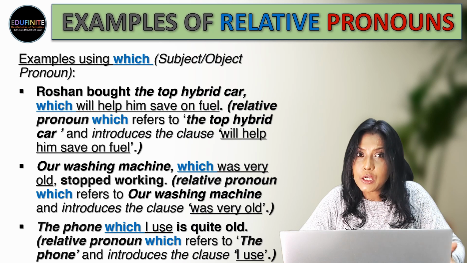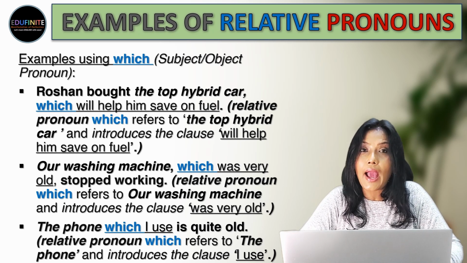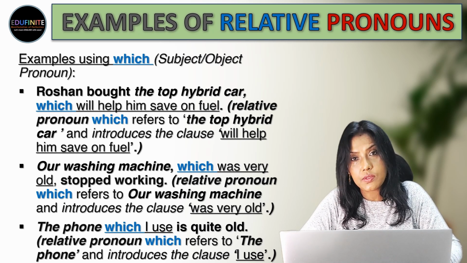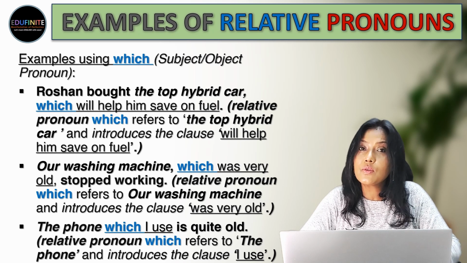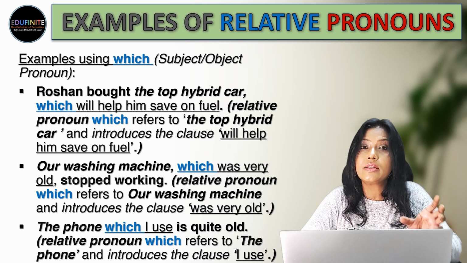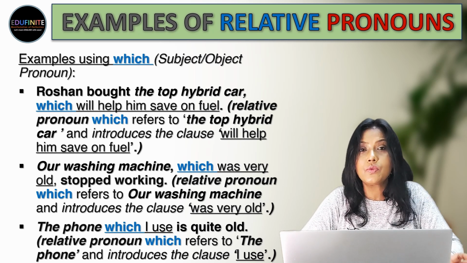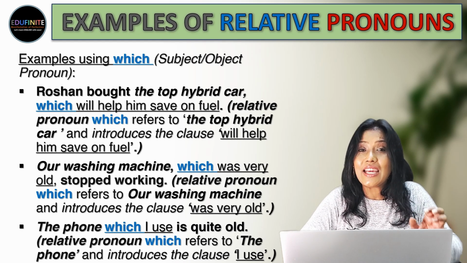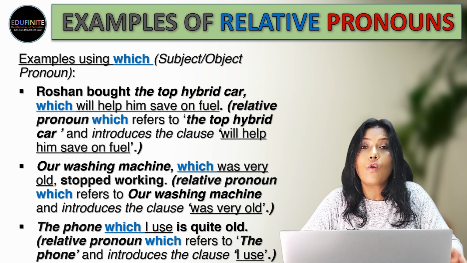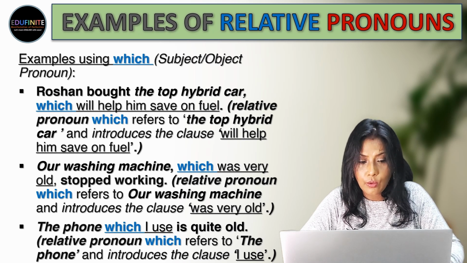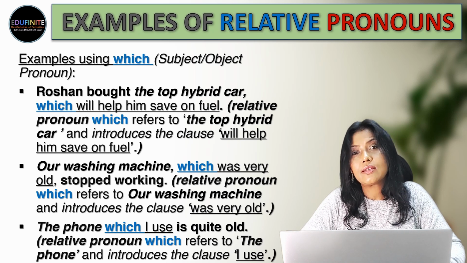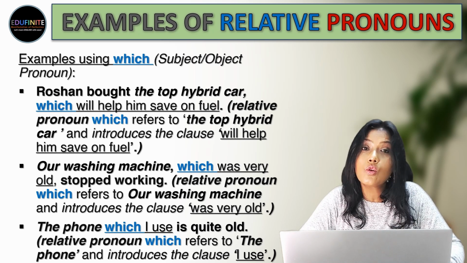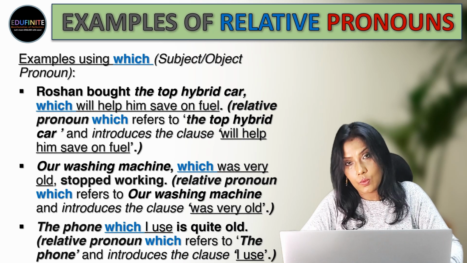So to establish its identity, I have to add which I use. So when I say the phone which I use is quite old, you understand the identity of the phone. Which phone? The phone that I am using. So which I use is the integral part of the sentence. So this is a restrictive clause. And in such cases, this restrictive clause can also be replaced by that. You can also say the phone that I use is quite old.